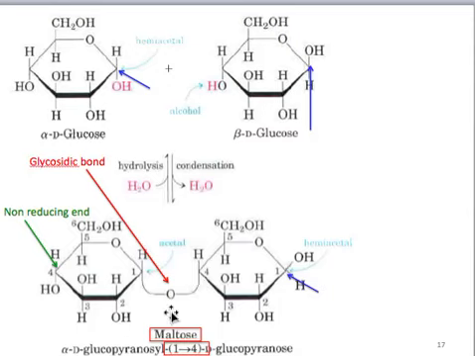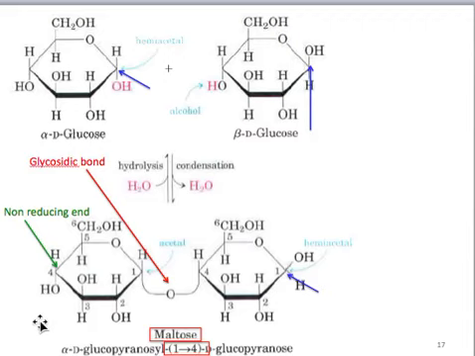In this case, a maltose molecule exhibits one end as a reducing end due to the freely presented carbon number 1 in the beta-D glucose subunit, and another end as a non-reducing end due to the freely presented carbon number 4 in the alpha glucose subunit.